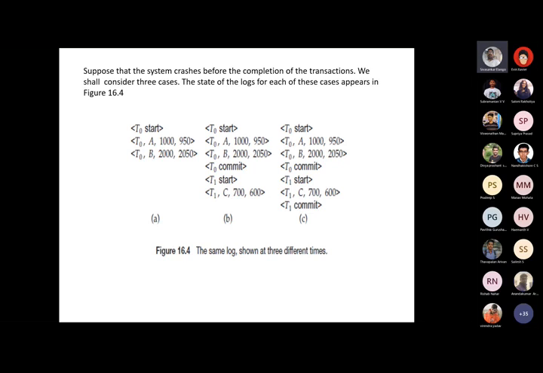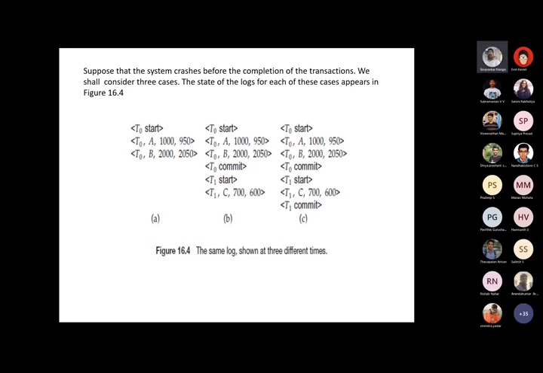So once a system breaks down due to some power failure or hardware failure, whenever you need to recover, you scan the log file and you find that the transaction T0 is not committed, right? So we undo the values of data items capital A and B to their old values. So the values of data items A and B will be $1,000 and $2,000 respectively, right?